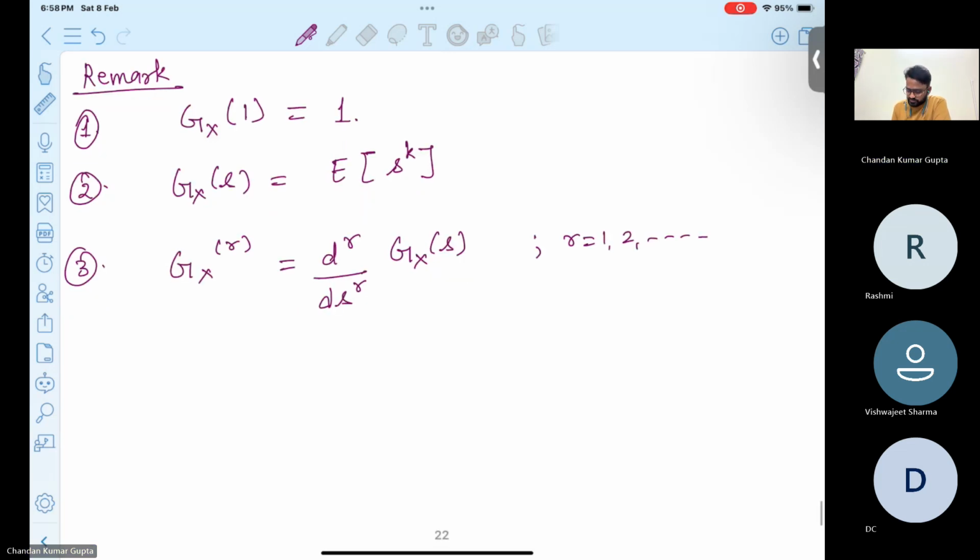Then we can define this at s equal to 1. I have written 1 here in parentheses. So at small s equal to 1, this gives the factorial moment.